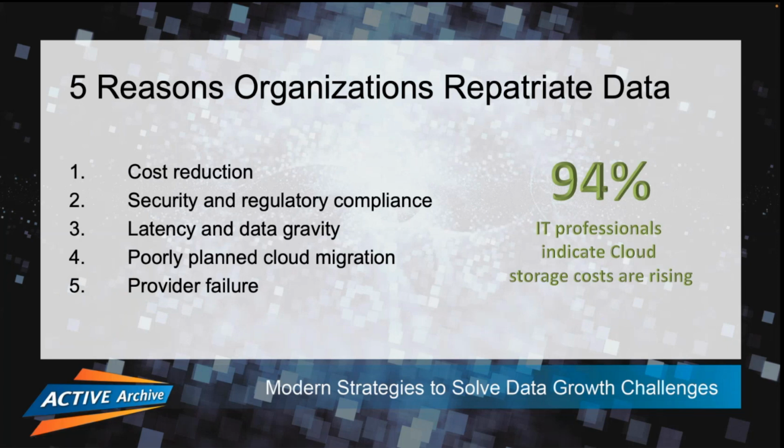And this really goes to the 5 reasons why organizations are repatriating data. They're finding that the cost to store data, especially long-term active archives where they may have a significant amount of data that's rarely touched. Security and regulatory compliance, latency and data gravity.